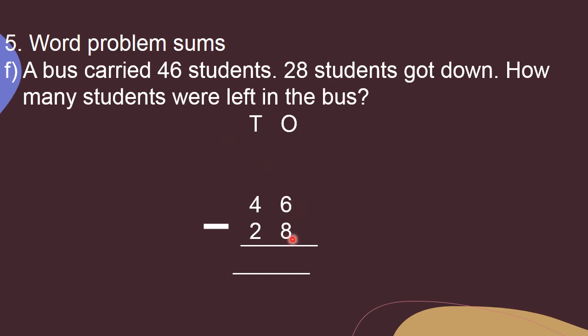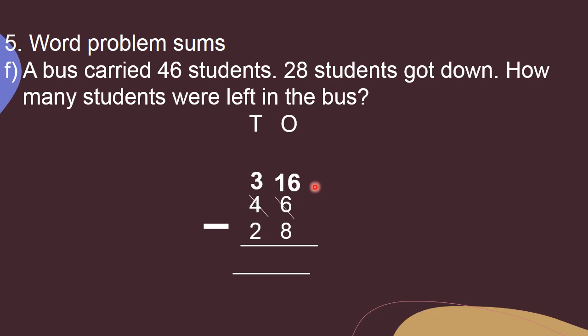So 6 minus 8. 6 minus 8 is not possible क्योंकि 6 हमारा smaller number है and 8 is greater number. So here we have to take borrow. अगर ये ऊपर वाला number हमारा smaller होता है तो हम क्या करते हैं बेटा, borrow लेते हैं, and ones place will take borrow from tens place. So this number will become 6 plus 10, that is 16. And here at tens place column, this number will become 4 minus 1, that is equal to 3.